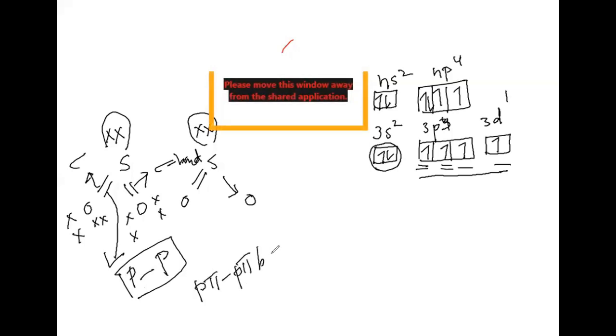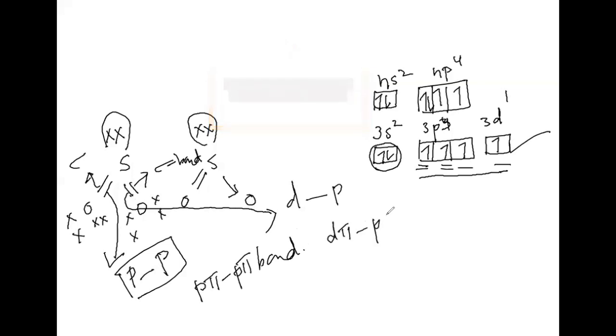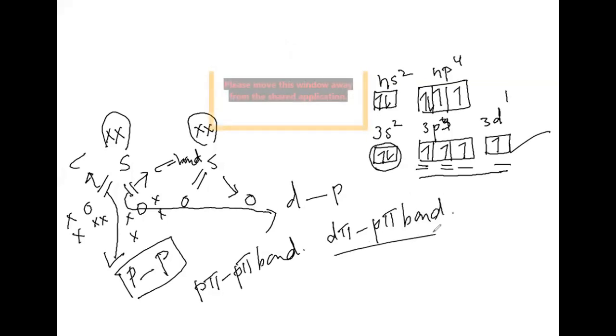Then another pi bond is there here, which is going to combine with the d electron of sulfur and the p electron of oxygen. Thereby it forms a d pi p pi bond.